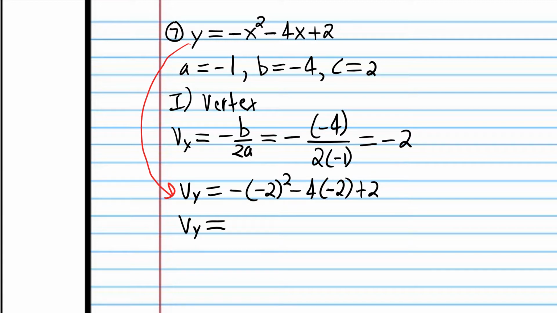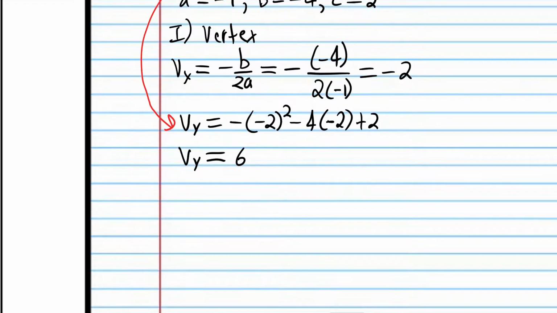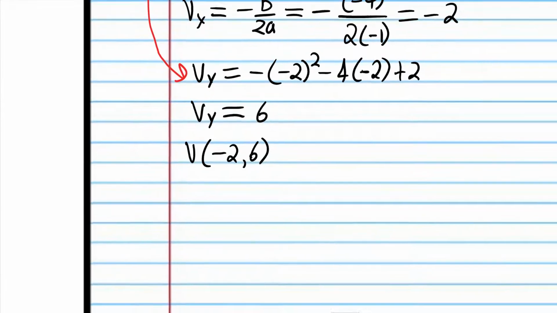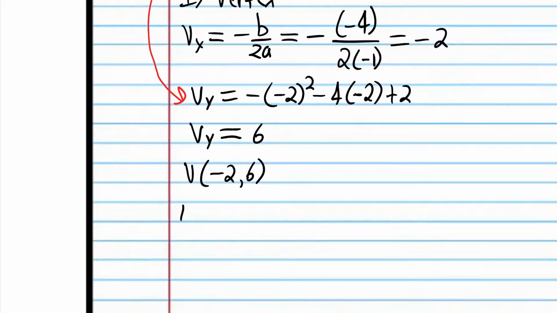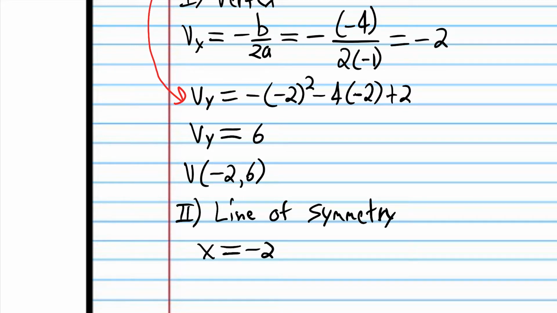And that's -4 plus 8, and all that reduces to 6. So the vertex is -2, 6. And the second step is to find the line of symmetry. And that's really easy. It's just going to be x equals whatever the x value of the vertex is.